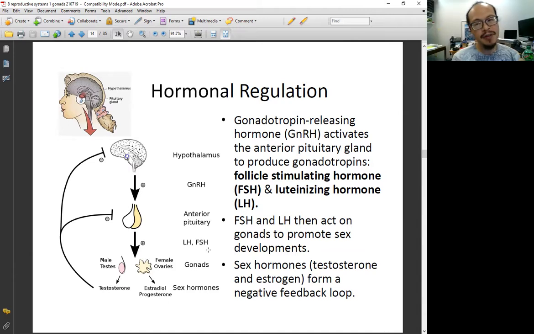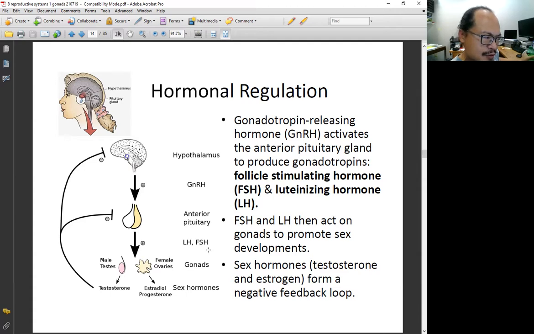Now, in the pituitary gland, especially in the anterior pituitary gland, it releases many different kinds of hormones. Among those, two hormones are especially important for sex development. These two hormones are follicle stimulating hormone, FSH, and luteinizing hormone, LH.